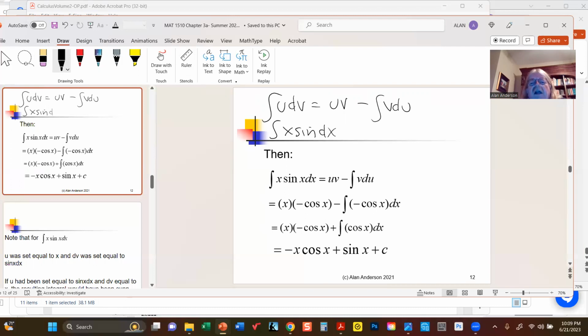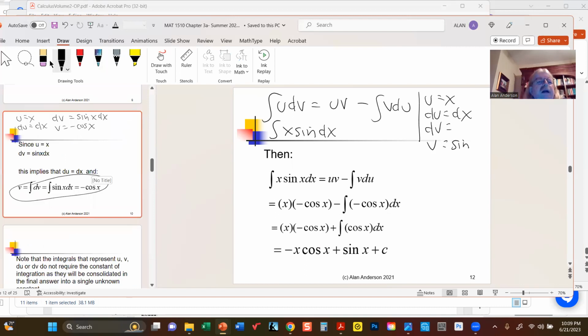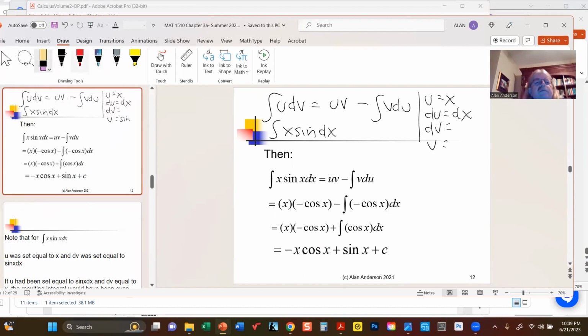And again, a quick reminder, u is x, du is dx. dv is sine x dx. No, sorry, I got it backwards. Hold on, let me just double check. I was right the first time. v is minus cosine x, and dv is sine x dx. Perfect. Now we just plug them in.